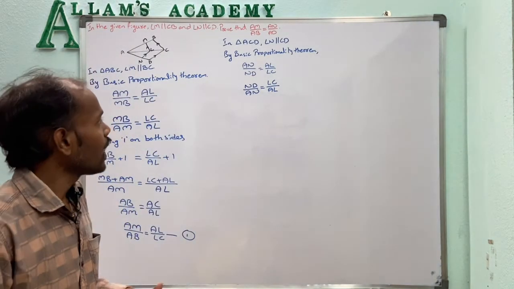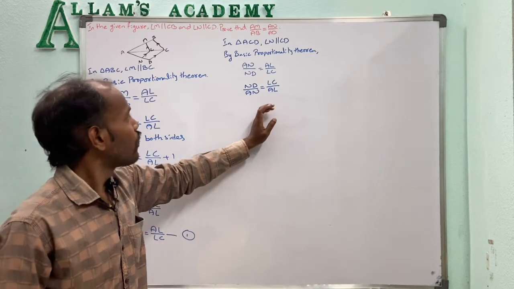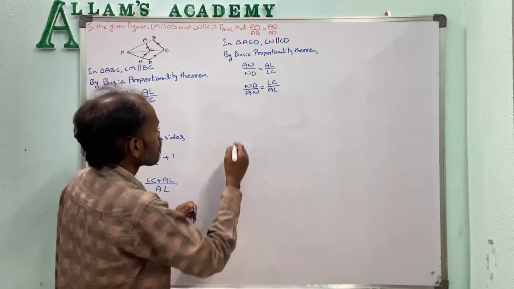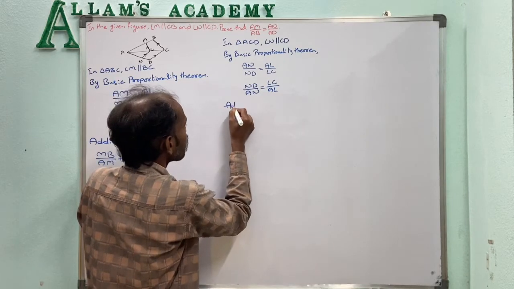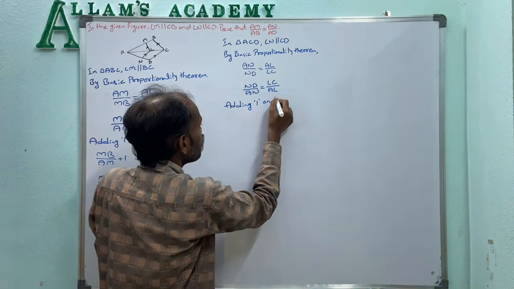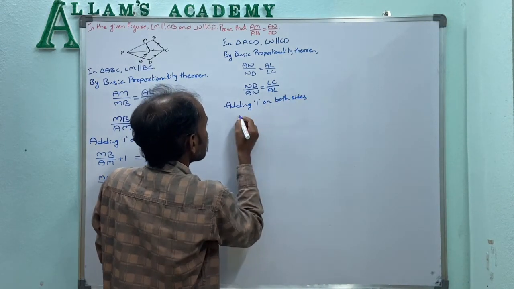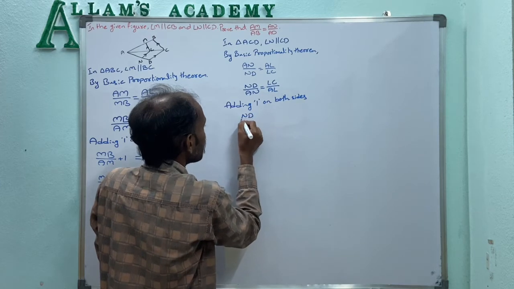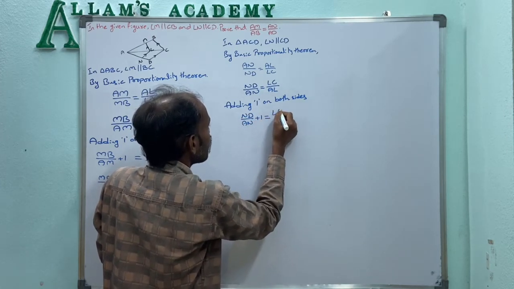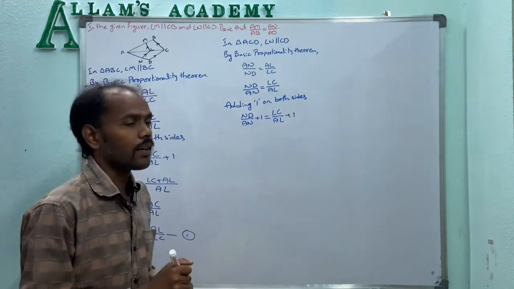Now adding 1 on both sides for getting the AN by AD form: ND by AN plus 1 equals LC by AL plus 1.